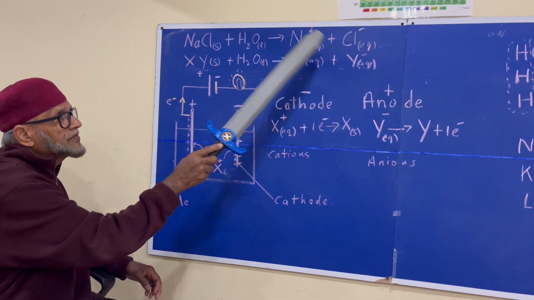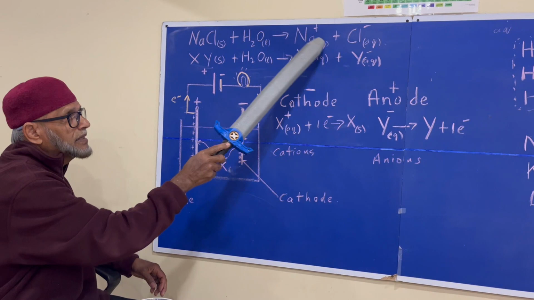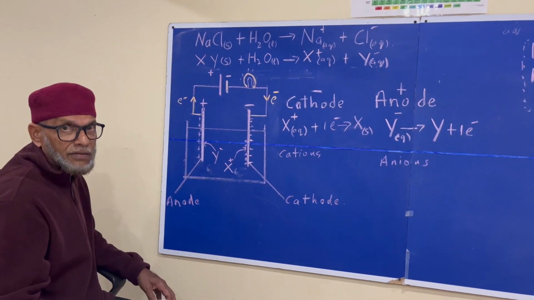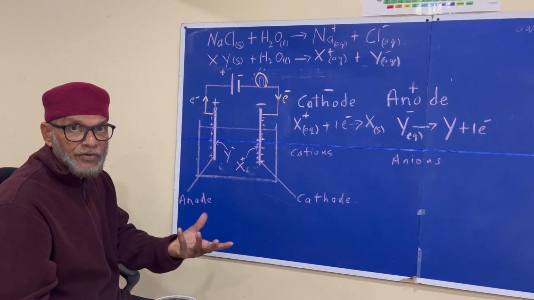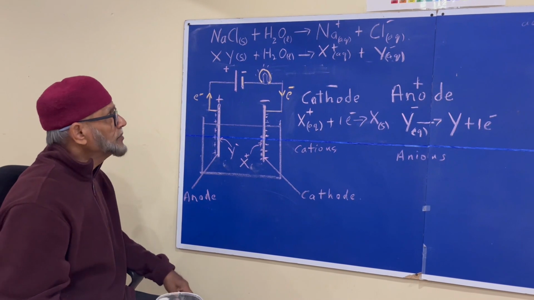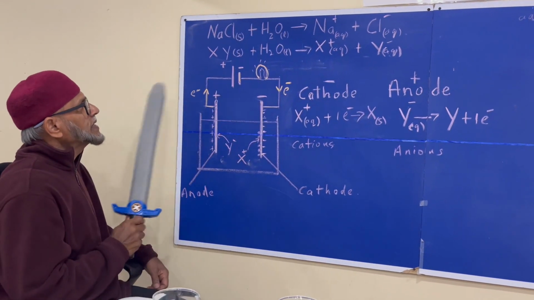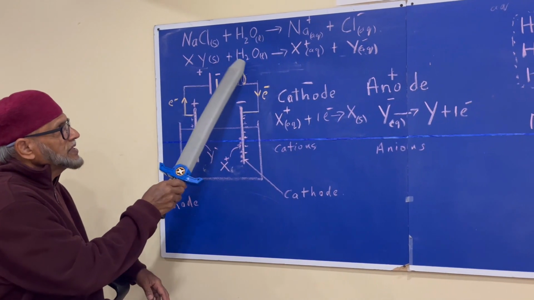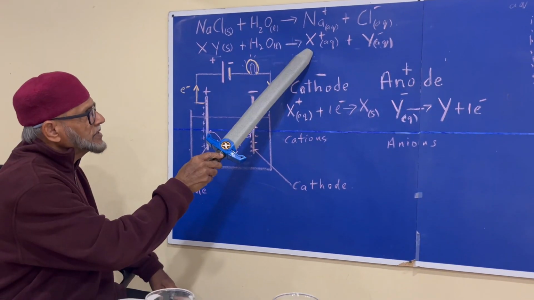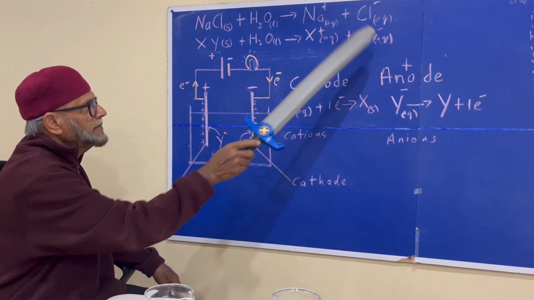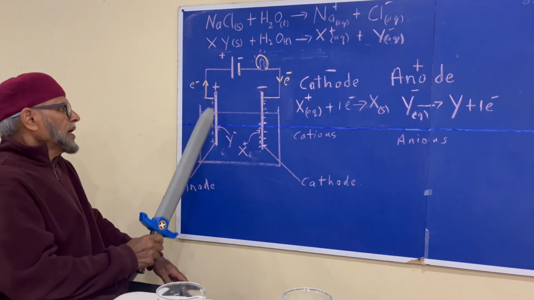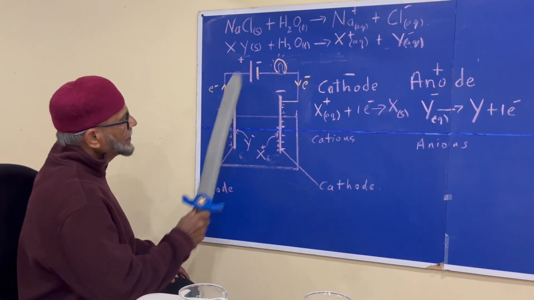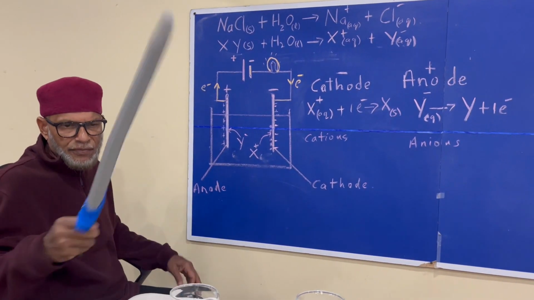Billions upon billions of these ions are present in any solution of a salt. When you do Avogadro's concept, you'll understand that more. So generally what I'm saying here is that any ionic compound XY, if dissolved in water, will give positive ions and negative ions, okay?